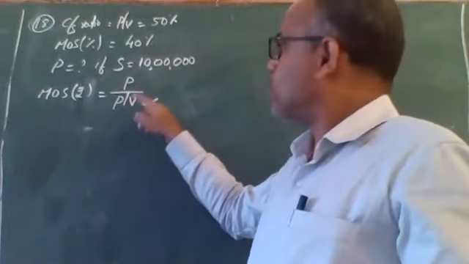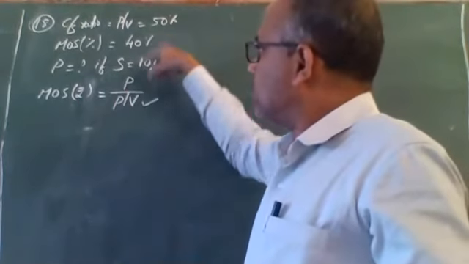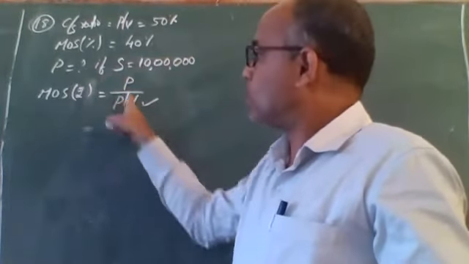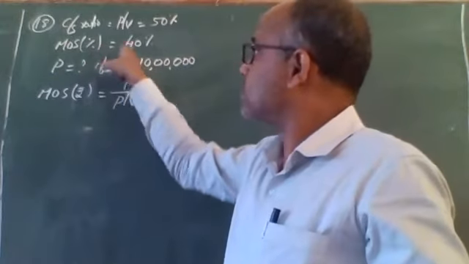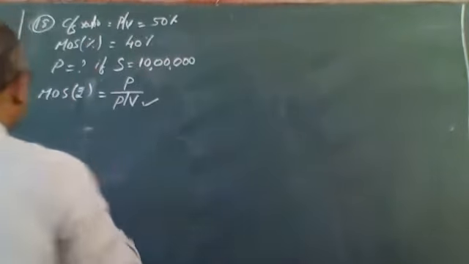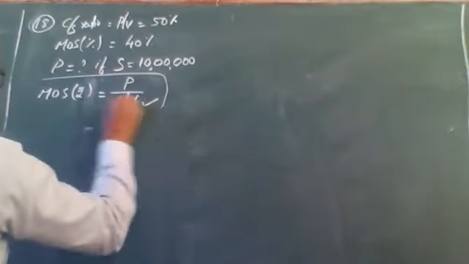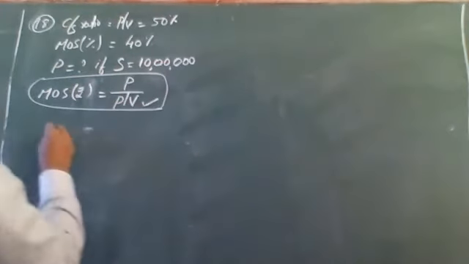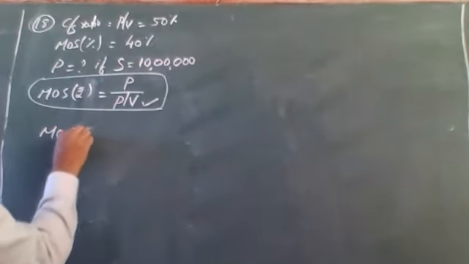Do you know profit here? No, we have to find out. Do you know MOS rupees here? No. So I think we cannot do it with this. Give this pending. Let us find out with MOS percentage.